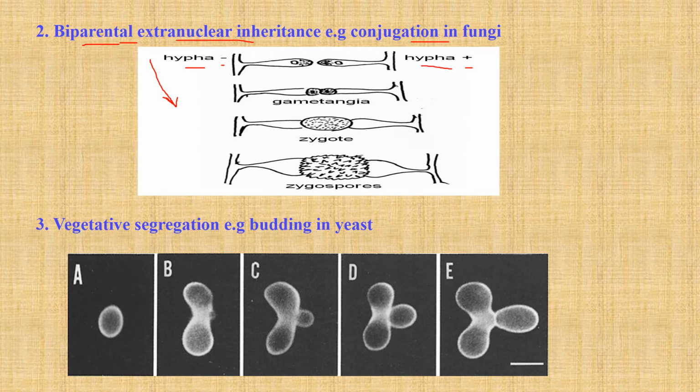They usually form a conjugation tube which grows towards each other. So where they meet, the heads of the conjugation tubes will fuse to produce a zygote, and when that happens, the non-chromosomal DNA will fuse together, and this will give rise to the zygote.